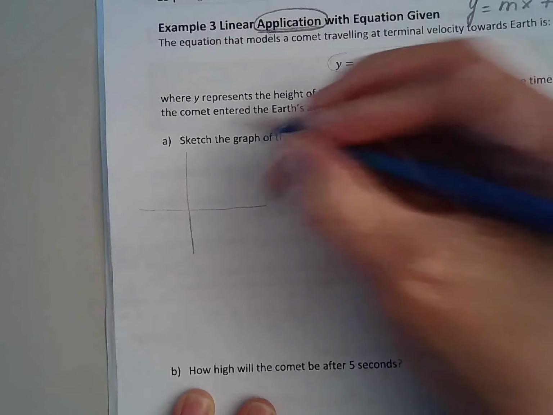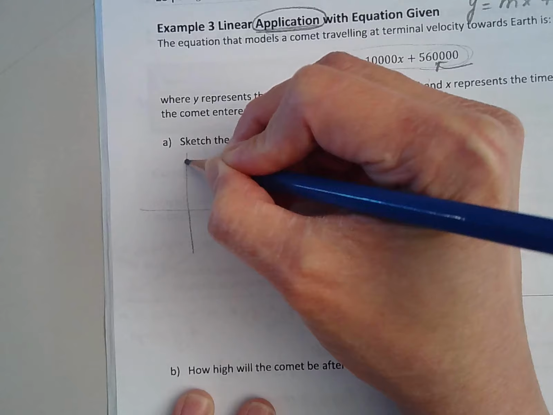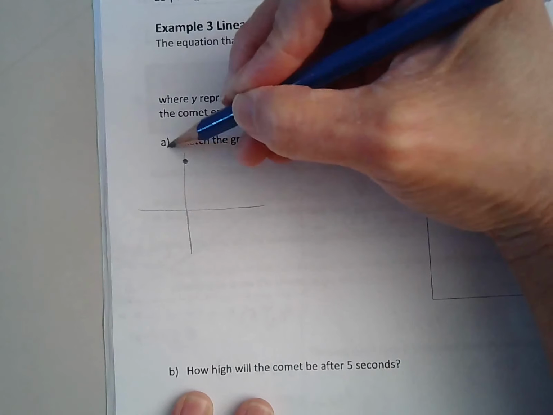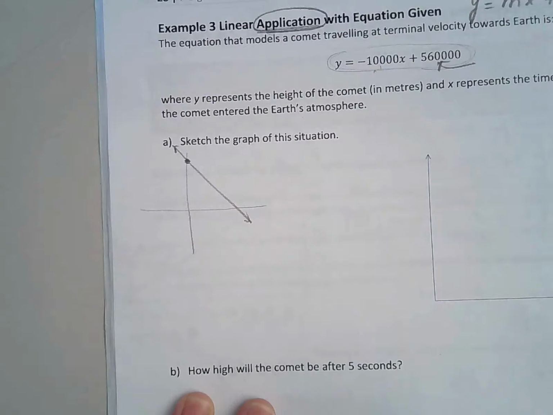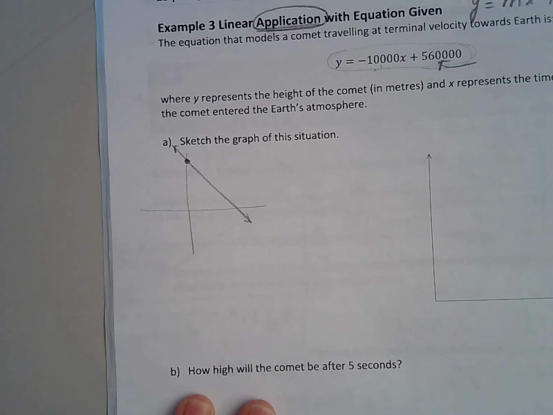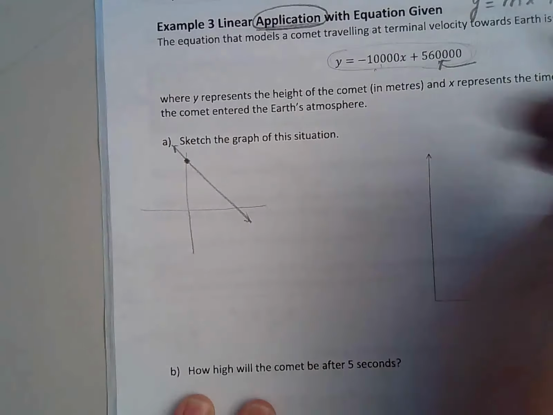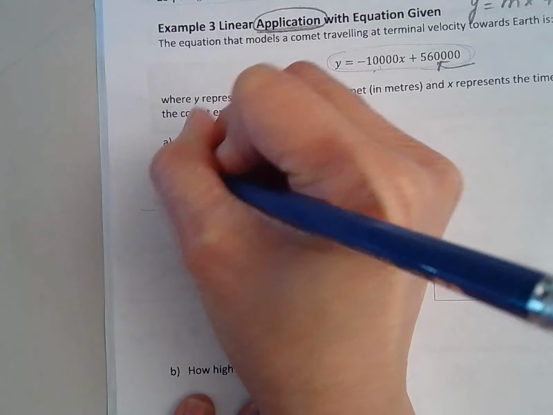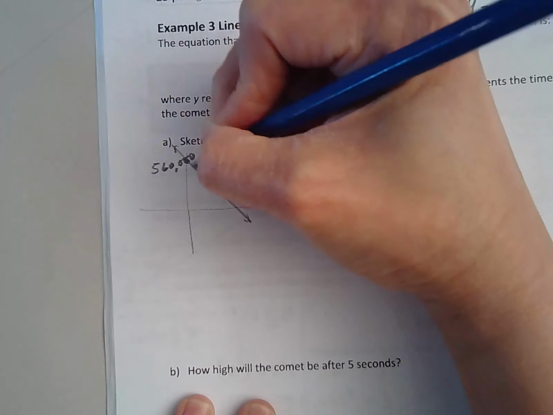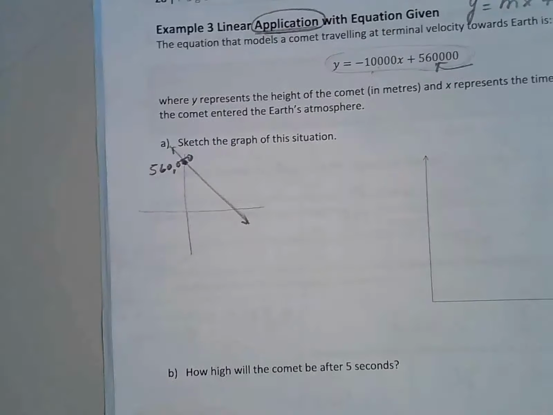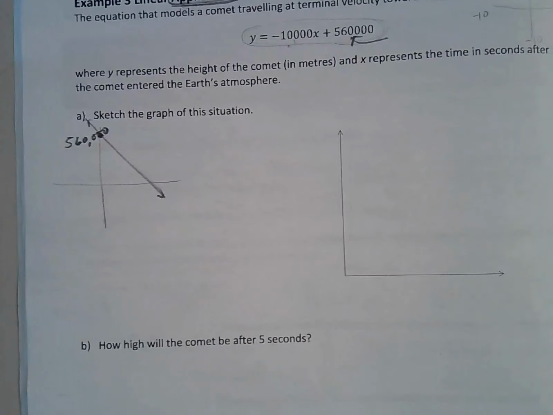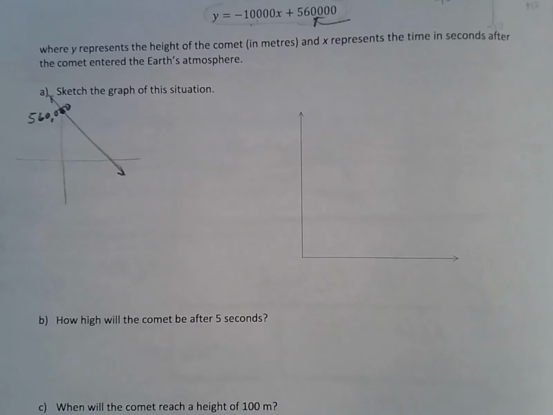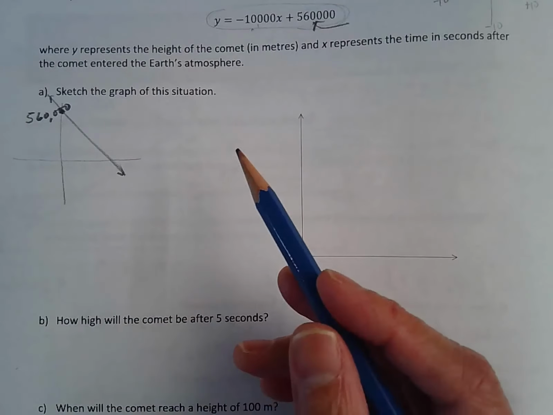This is the y-intercept, and we know that it's gonna go down, right? That's our graph. So let's sketch the graph of this situation.